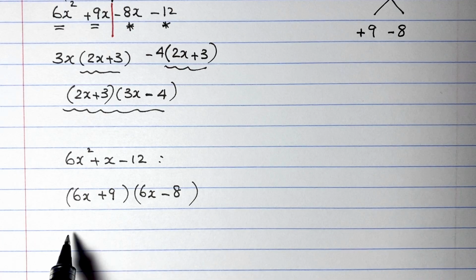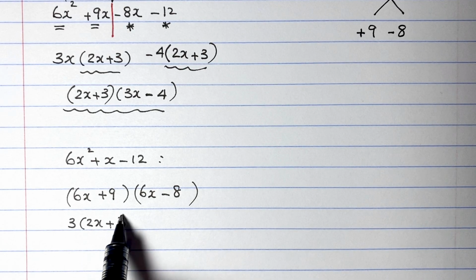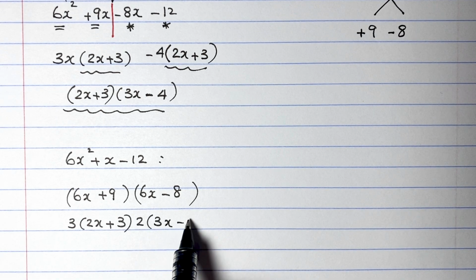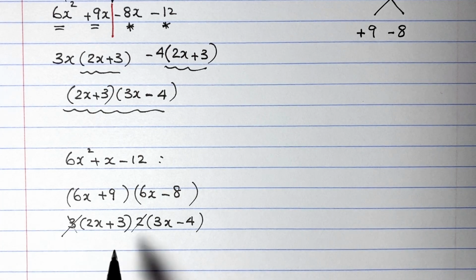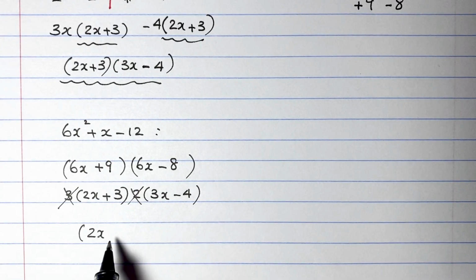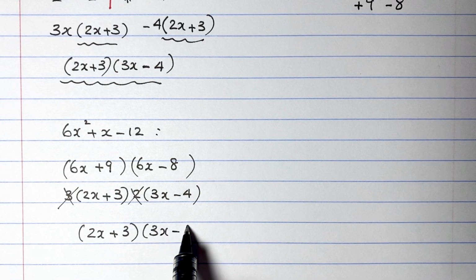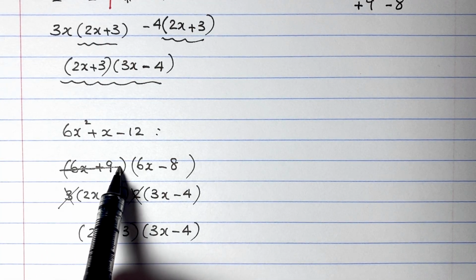Here I can factorize a 3 to give me 2x plus 3. I can factorize a 2 here to give me 3x minus 4. And get rid of these. Write it again. And get rid of the incorrect version.